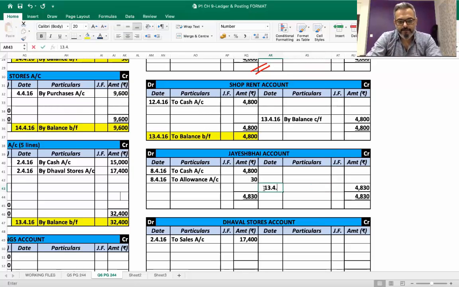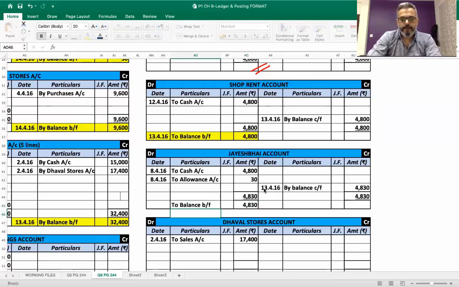So 13/4/16, by balance carry forward. To balance brought forward.